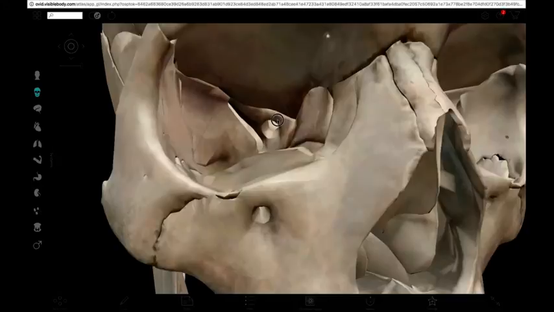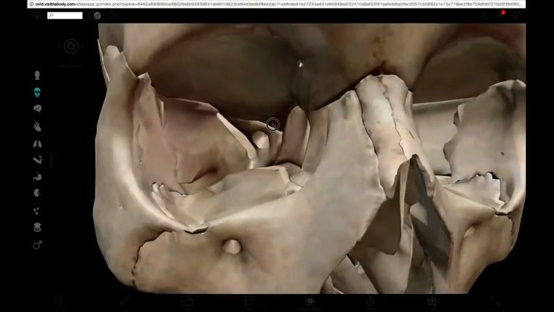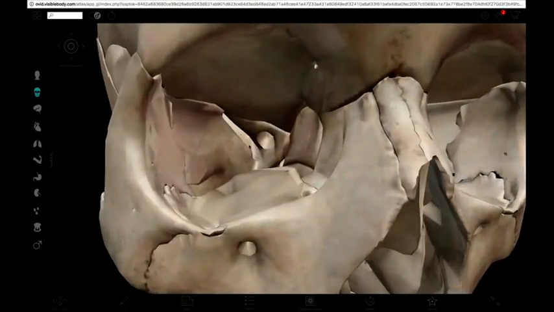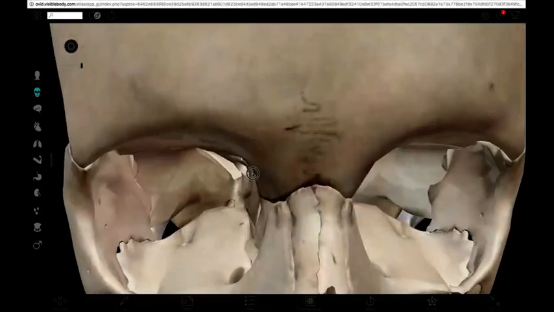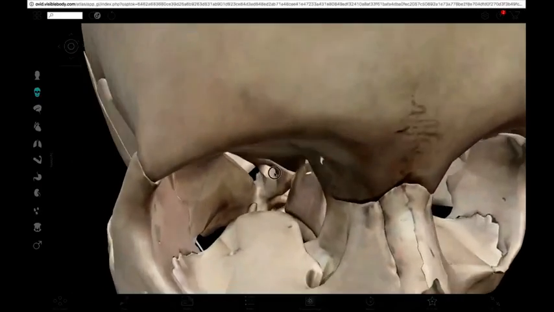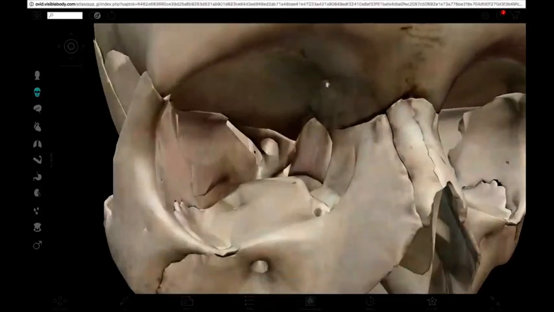Then, if we look lateral to that, you see this. This is the superior orbital fissure, a passageway for cranial nerves 3, 4, 6, and a part of cranial nerve 5. Well, if we have a superior orbital fissure, then we're obviously going to have an inferior orbital fissure.